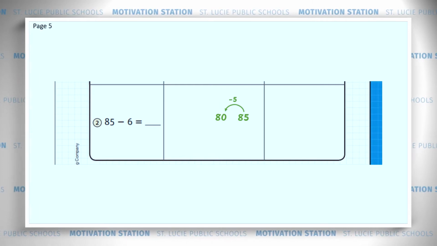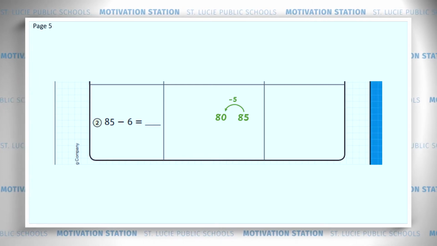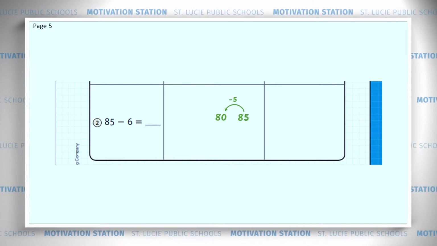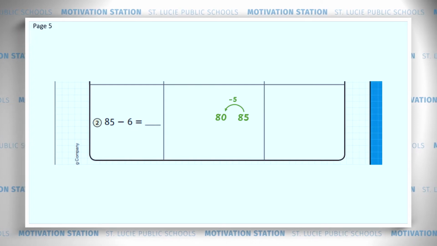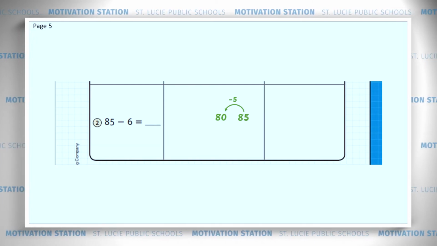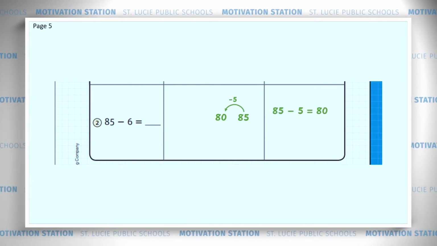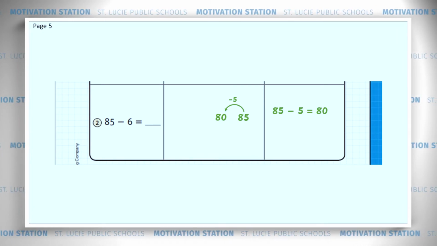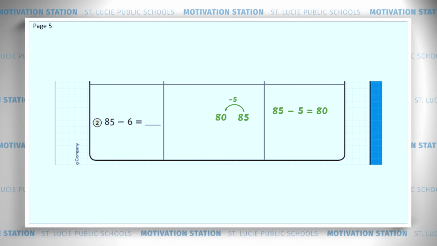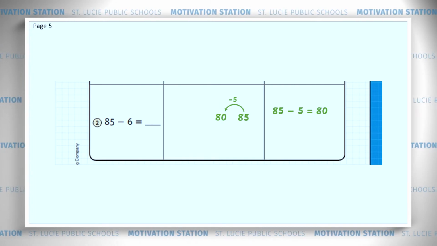Now we need to record that equation. What equation fits our number line that we just completed? That's right, 85 minus 5 equals 80. Go ahead and write that down.